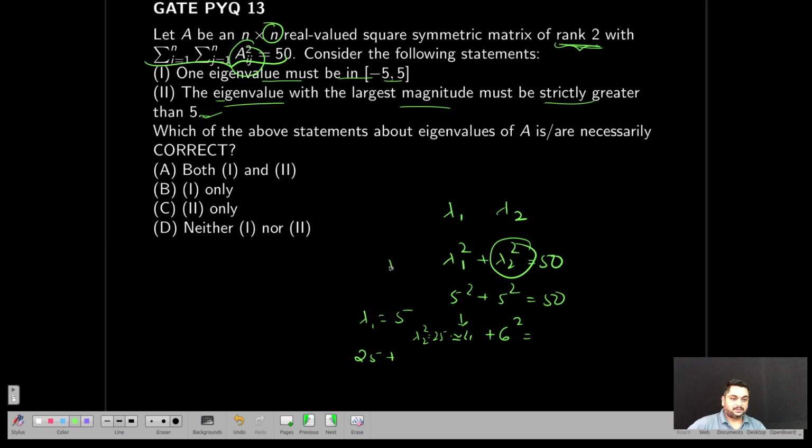So that means lambda 2 square cannot be greater than 5. Okay, so lambda 2 cannot be greater than 5. Then it will not work. That is the reason this statement cannot be true. So only one statement is correct, where I can get any values in minus 5 to 5 to satisfy this equation. So only one is correct.